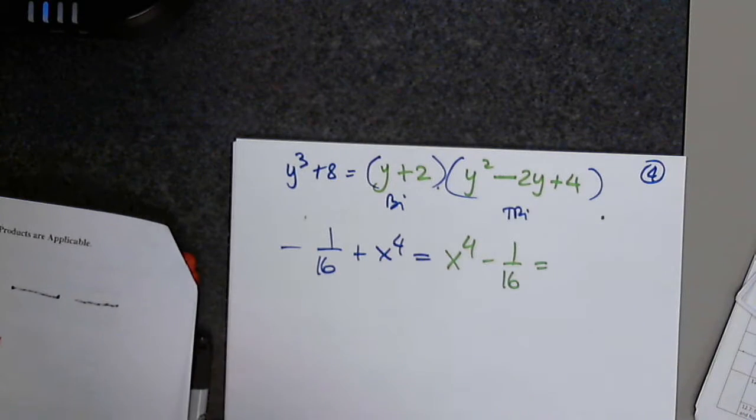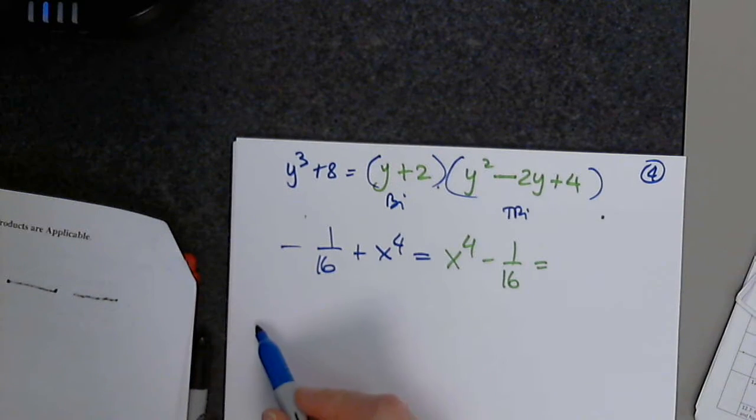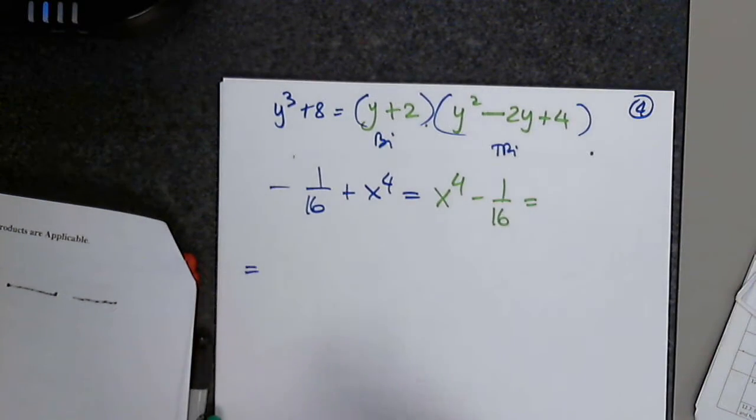So then what do I do? Special product? I have to establish whether it's a difference of squares or difference of cubes.